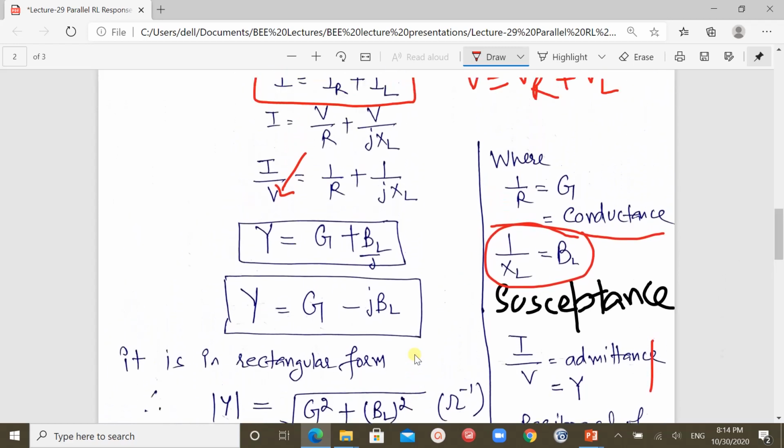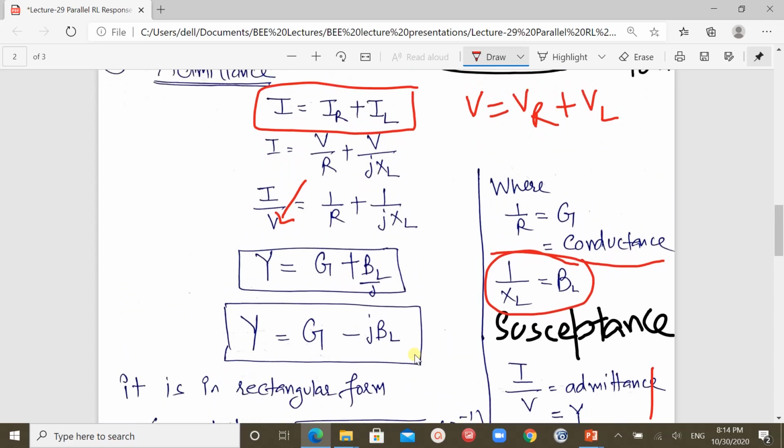So we put these values in this equation. 1 upon R is replaced by G, and 1 upon XL is replaced by BL, and j as such. When we take j upward, to the numerator, it will become Y is equal to G minus jBL. So this is our result. So it is in the rectangular form.